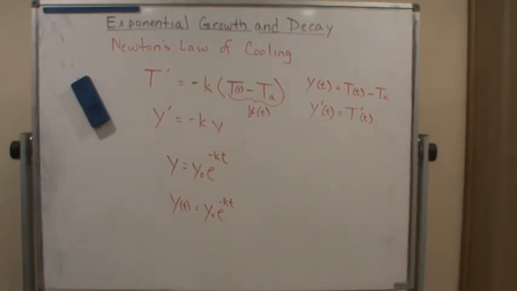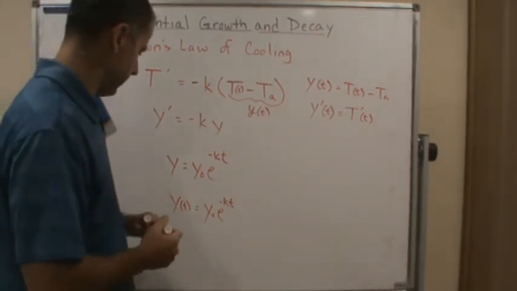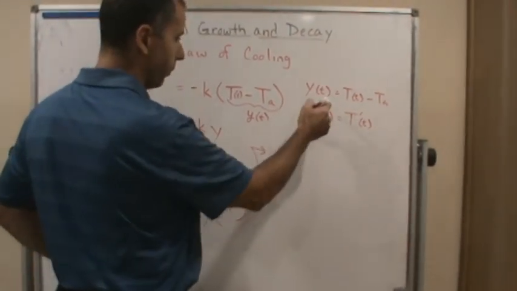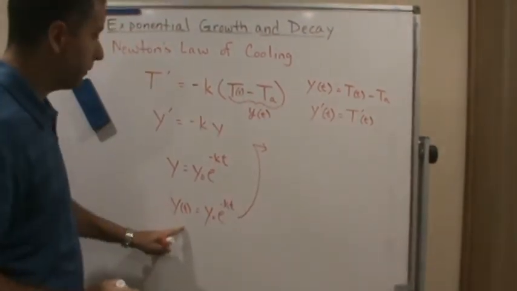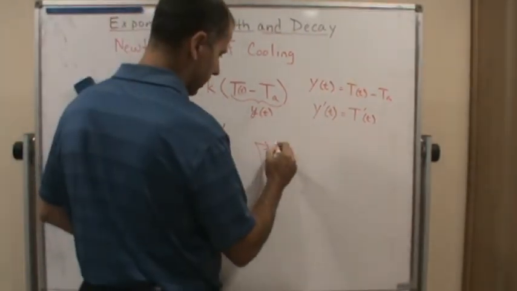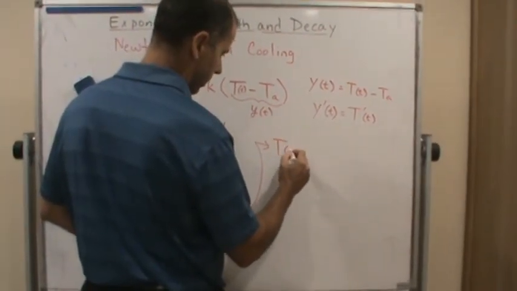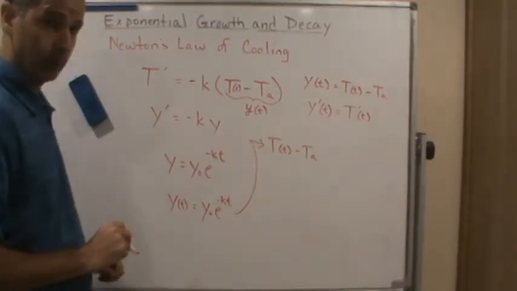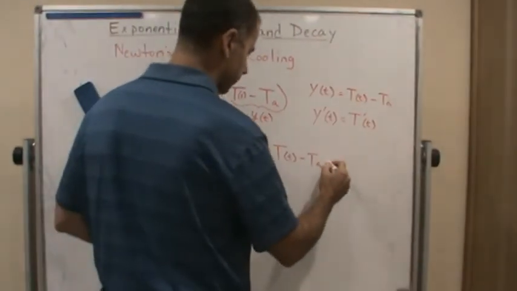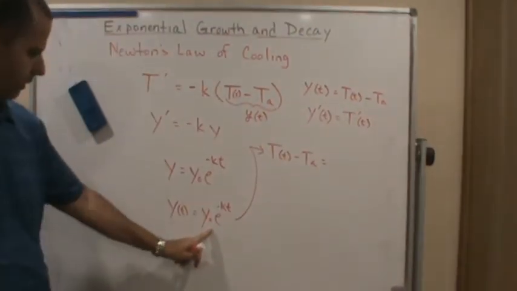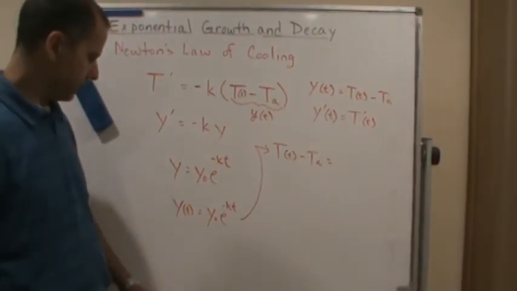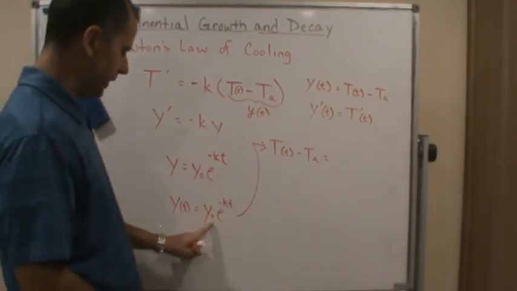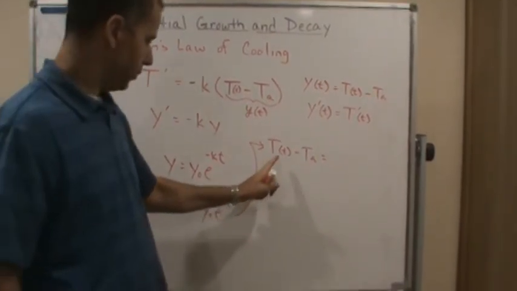Now, watch what happens. Let's now substitute in what we have here. So y of t, that's just going to be T of t minus T of a, okay, equals, now what do we do with y naught? Well, that's just going to be the initial values here, right?